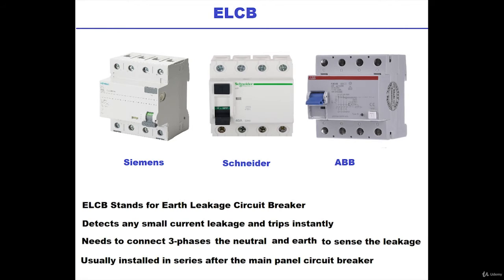So if somebody touches the phase line by mistake, let's say, a leakage current is going to pass through from that phase line to the ground, causing this ELCB to detect that there is a leakage and tripping, cutting off the power to prevent serious hazards. And the reaction of ELCB is so fast that it is literally within milliseconds it can cut the power off if there is a serious hazard situation.